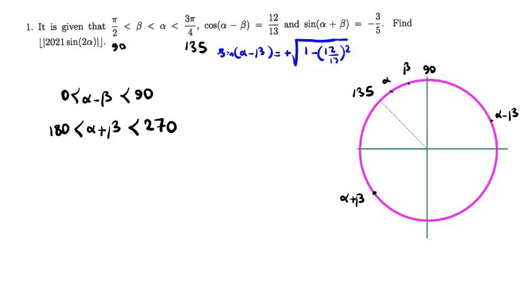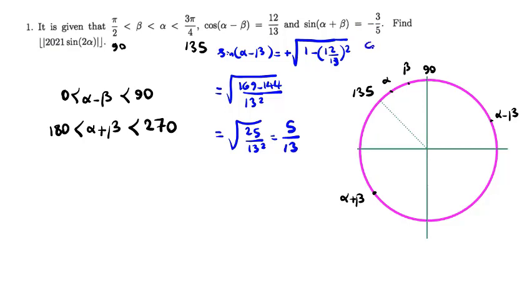If we simplify, we will have 169 minus 144 over 13 squared, which equals 25 over 13 squared, which will be 5 over 13. For sine of alpha plus beta, as you see, it is here, where cos is negative. So to find cos of alpha plus beta, we have negative the square root of 1 minus 3 over 5 squared. If you simplify, it will be 25 minus 9, 16, so it will be 4 over 5 with a negative sign. Negative 4 over 5.